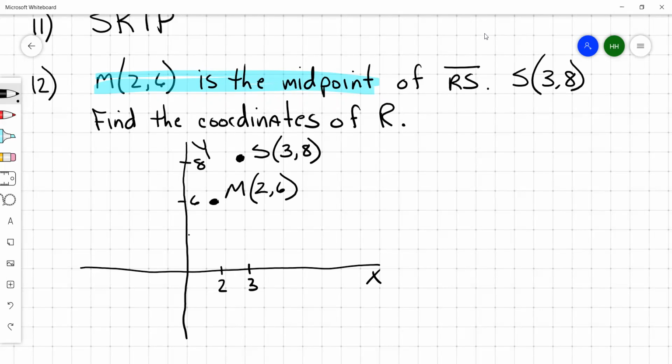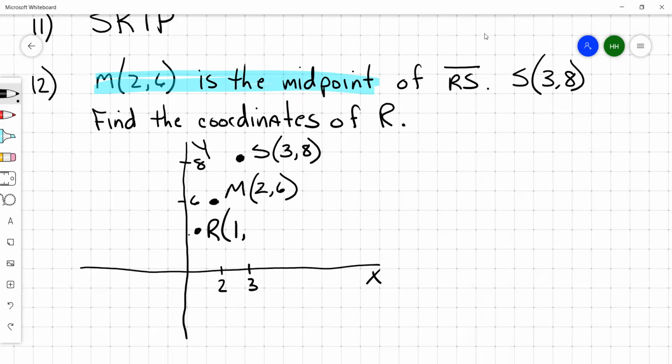Okay? So if the X at the end is 3 and 2 is in the middle, how far are those away from each other? 1. So where's the other end going to be at? 1. So it's going to be here. R is going to have an X value of 1.